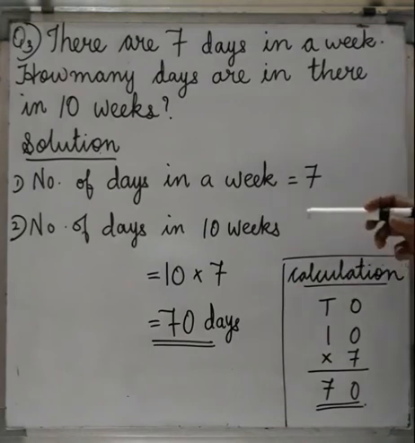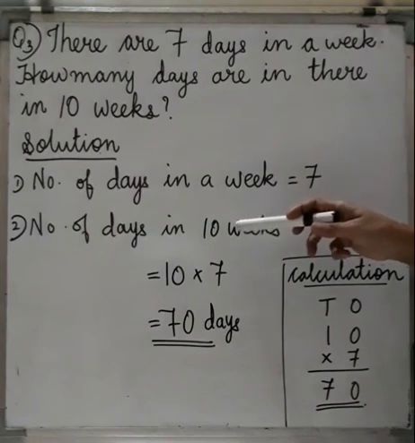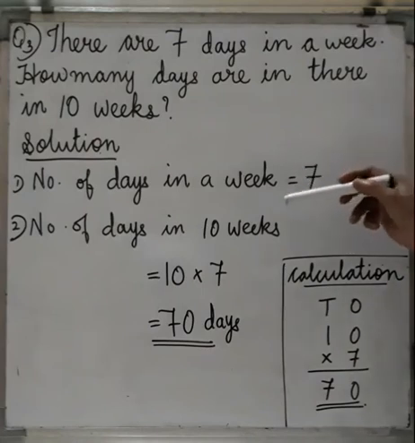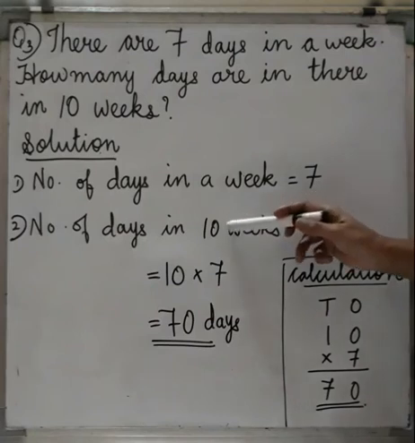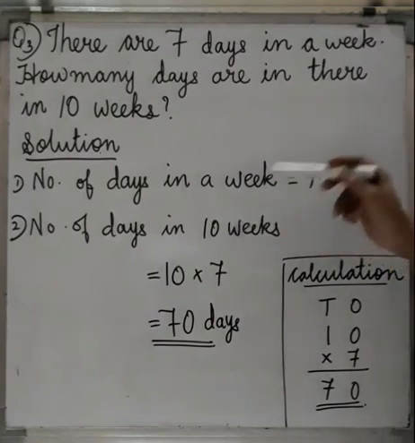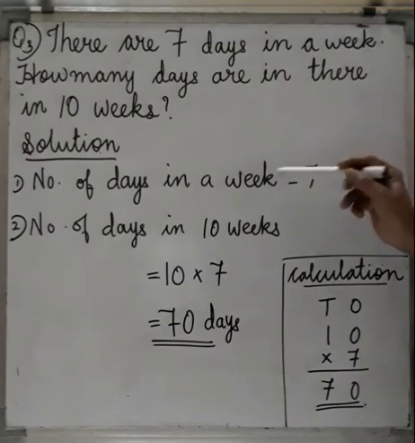To find out the number of days in 10 weeks, we must multiply this 10 with 7, that is, number of days in a week with number of weeks. Here the number of weeks is 10 and number of days is 7. If we multiply this 10 with 7, we will get the number of days in 10 weeks.